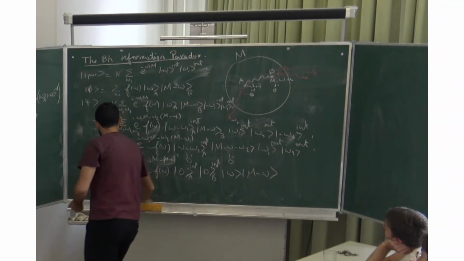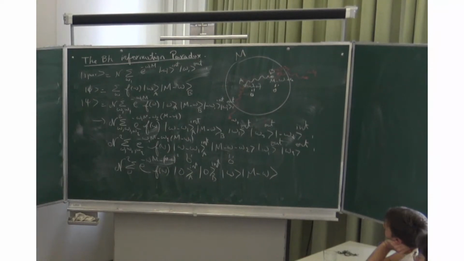So at the end, we are left with a very interesting state. We have this, and this is omega, this is M minus omega. Does it remind you of something?